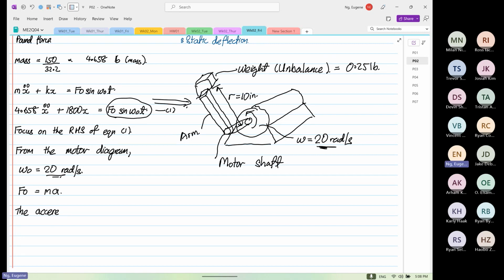Seriously, Eugene, can someone spell for me acceleration? Acceleration. Is that right? Acceleration like this.